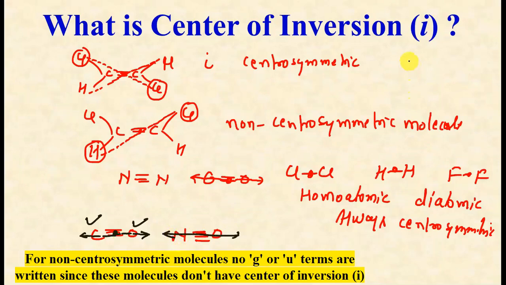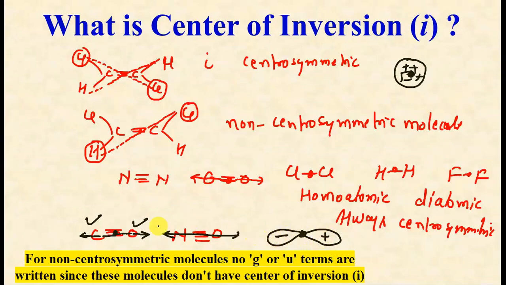As far as the atomic orbitals are concerned, we know this is s orbital and throughout we have positive charge for its electronic wave function around the nucleus. So this is also centrosymmetric. In case of p orbitals, one lobe is positively charged, the other lobe is negatively charged.